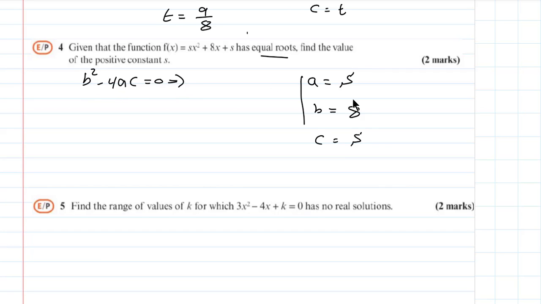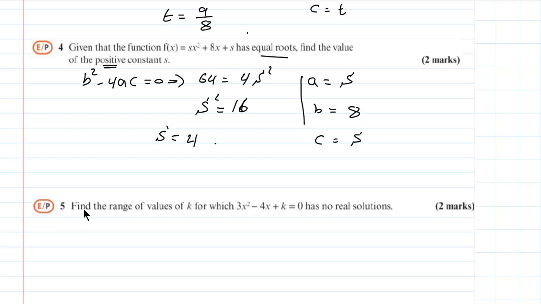So we can substitute here 8 will be 64. Moving this quantity to the other side with positive sign, 4 times s, it will be 4s squared, which means that s squared equals 16. So s will be positive or negative 4, but I think we will take the positive only because we have here a condition for s.